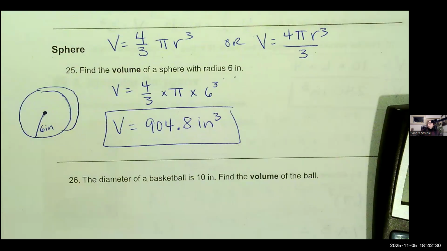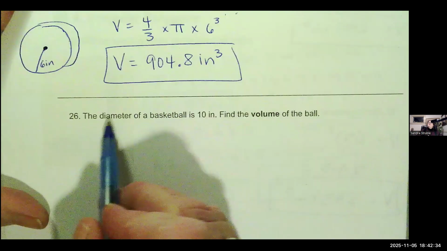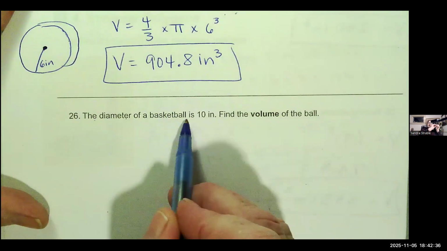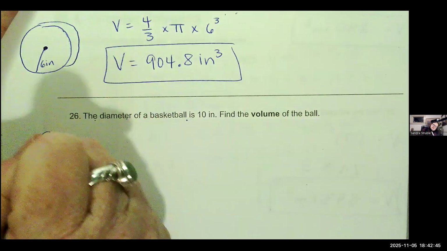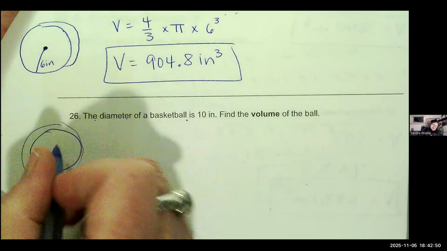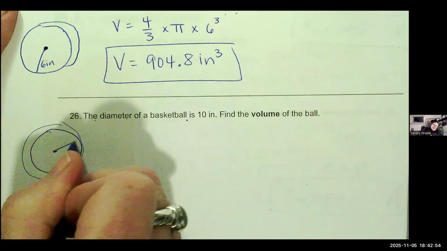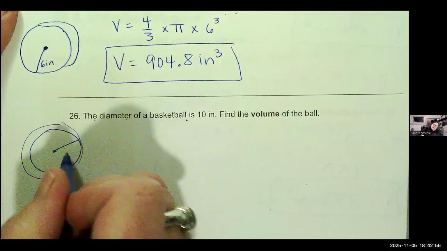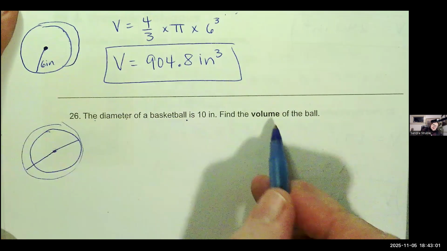Don't go crazy. All right, the next one is the diameter of a basketball. So diameter is the full distance from one side of the ball to the other through the center of the ball. So pretend like this is a ball, and at the center of the ball, the distance to any outside wall is the radius, but from one side of the wall to the other is the diameter, and that's what they're giving us here, 10 inches.